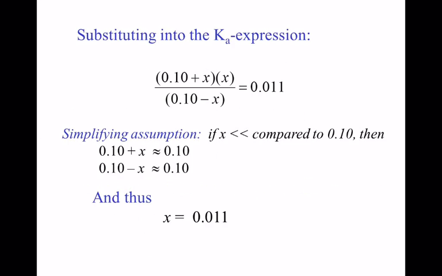So if we apply the simplifying assumption that we've been doing, if X is less than 0.10, then those two quantities become 0.10.